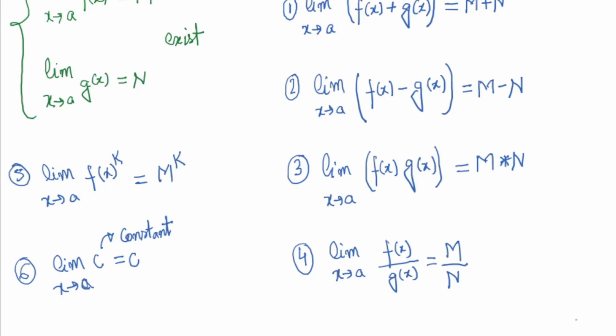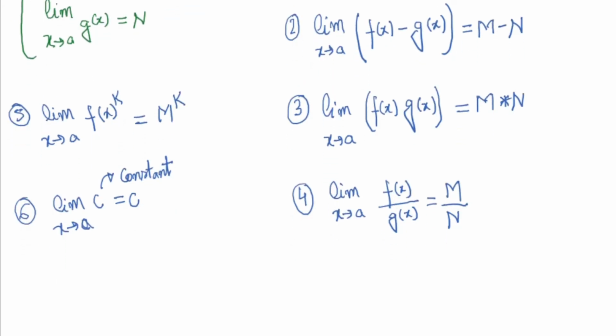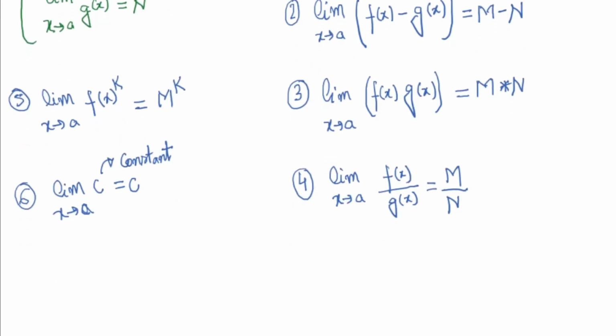Let me explain with the help of a graph. If this is the x-axis and this is the constant function f(x), then this is the same function value for all values of x. We get the same values, so that's why we are getting the same limit value.